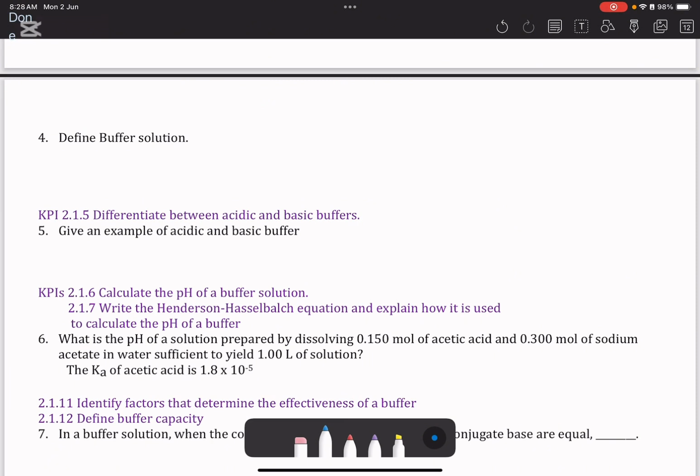Defining a buffer solution. A buffer solution is a solution that can resist the change of pH whenever a small amount of a strong base or a small amount of a strong acid is added.